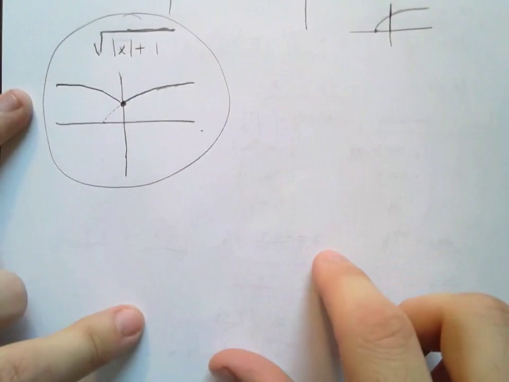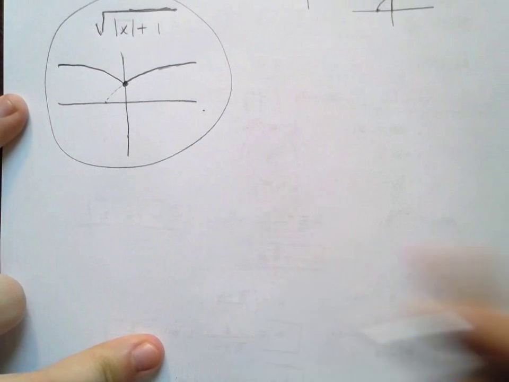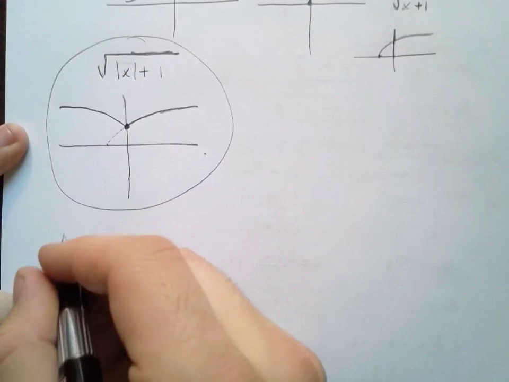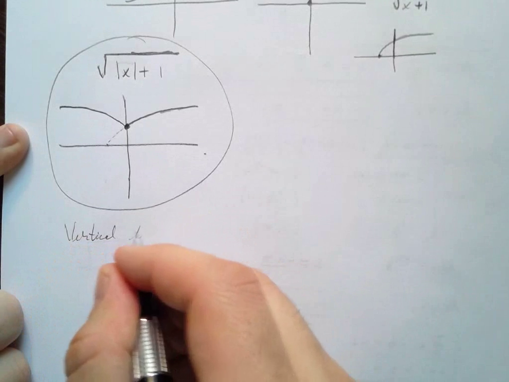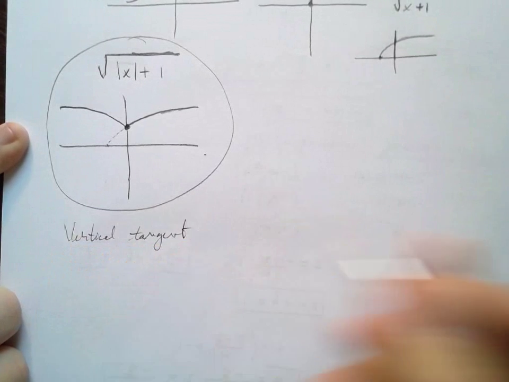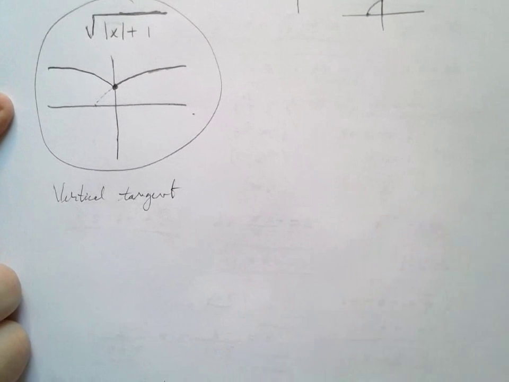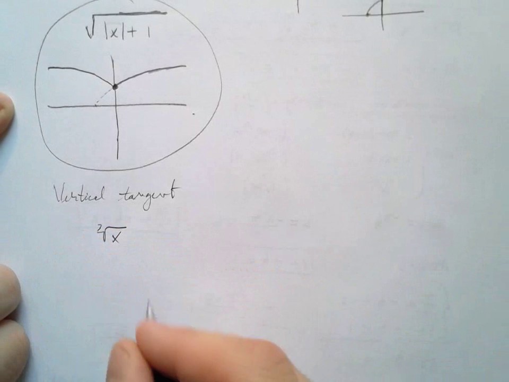Okay, now what about a vertical tangent line? Well, I kind of already had something going on here, right? So for the vertical tangent, what I can look at, for example, is the cube root function, right? Cube root of x.